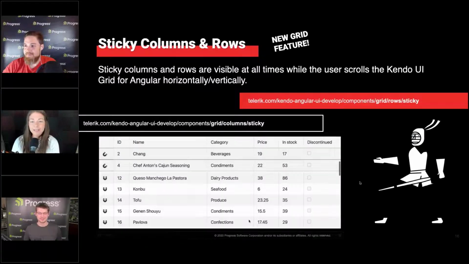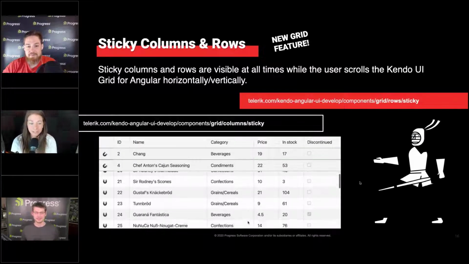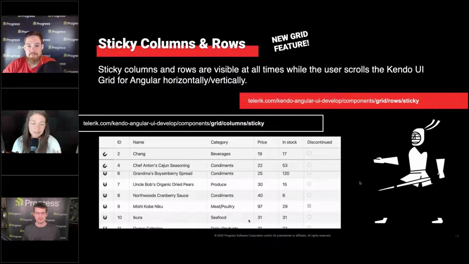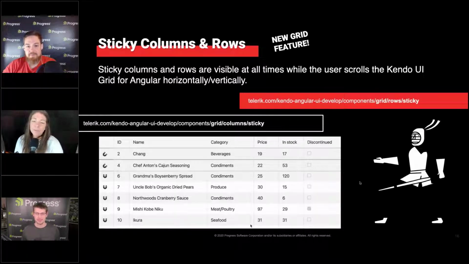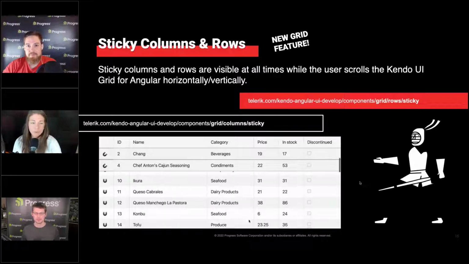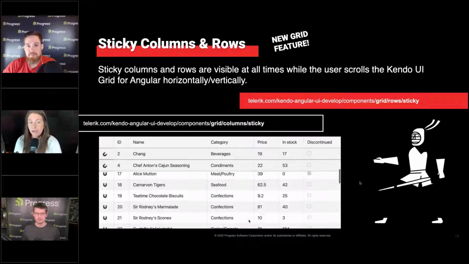All right, sticky columns and rows. This is a new grid feature. I made this beautiful GIF to demonstrate our sticky columns and rows, which are visible at all times while the user scrolls through the KendoUI for Angular grid.